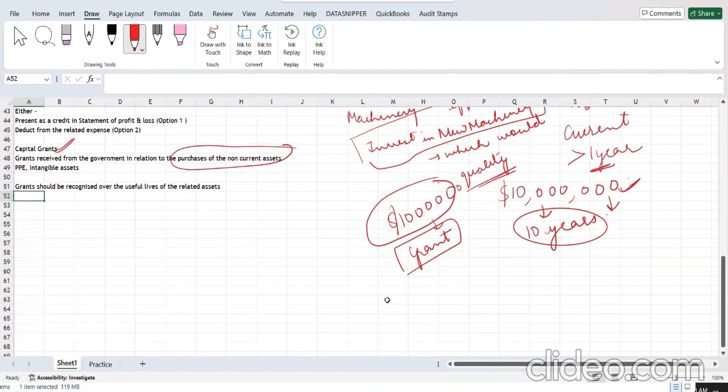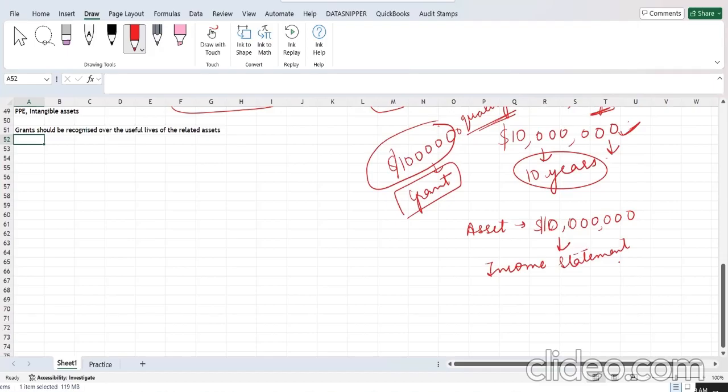So now 10 million is my asset. 10 million would go into the income statement in the form of depreciation over how many years? Over 10 years.